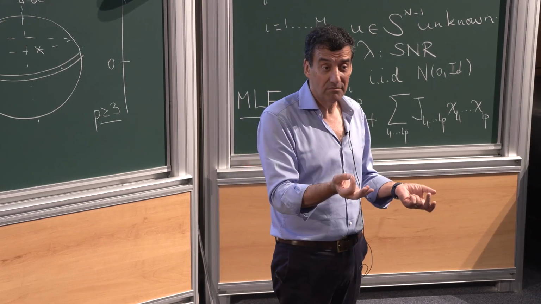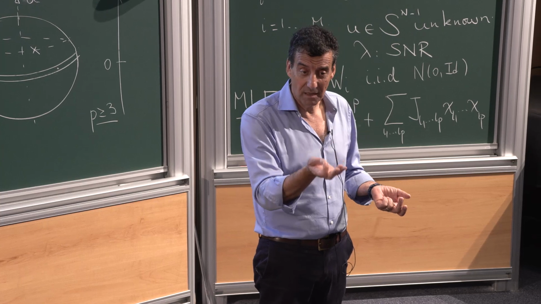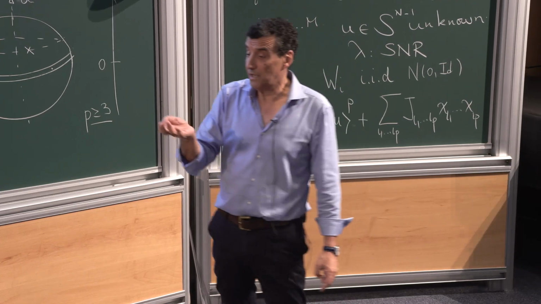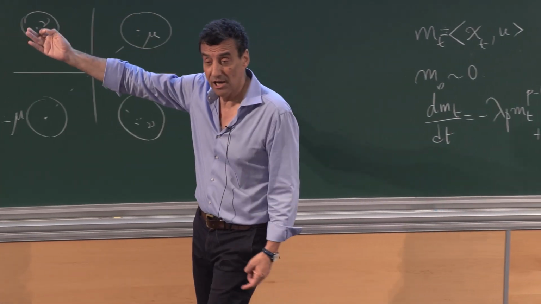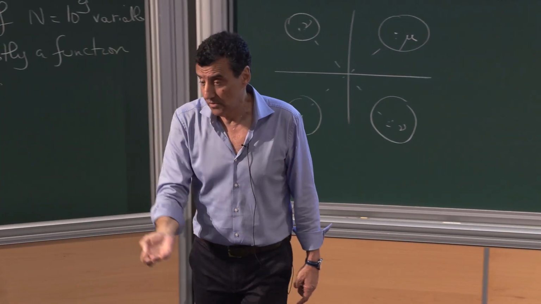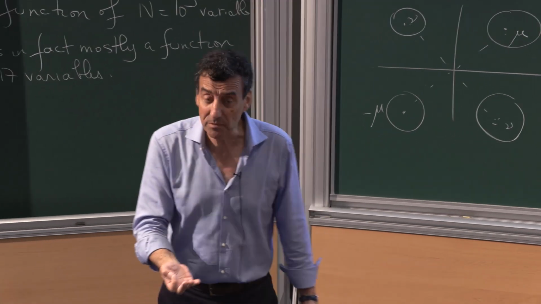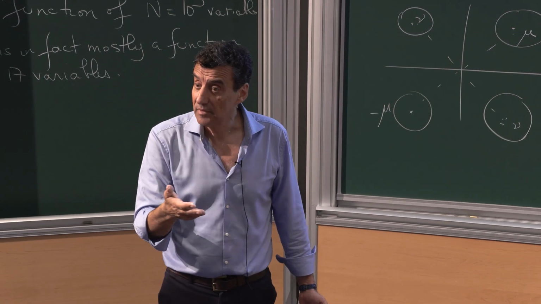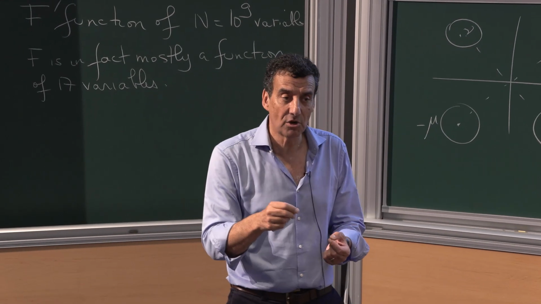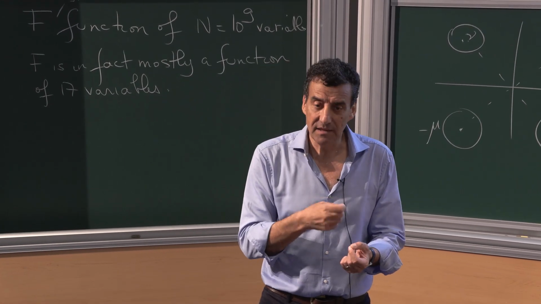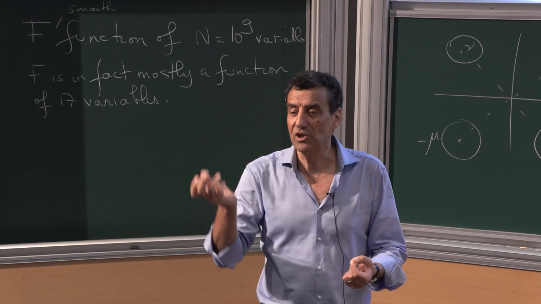You compute the Hessian at the point. The Hessian is a matrix of 10 to the 9 by 10 to the 9. It's a real symmetric matrix, it has a spectrum. When you say that you have 17 directions that are really curved, it means that these eigenvalues should be very much outside of the bulk.